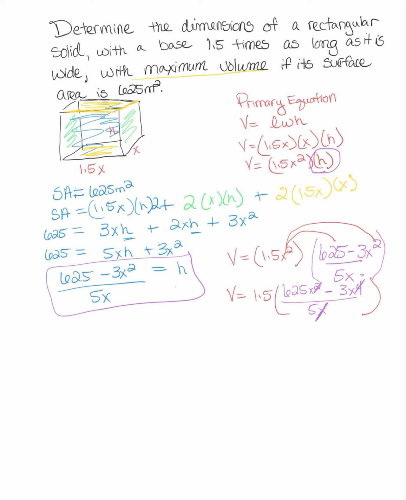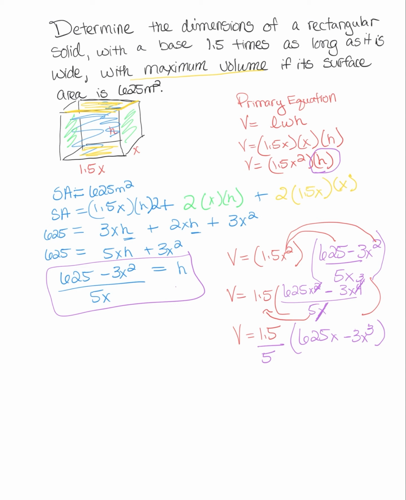And this goes down to 3 because we took an x out. So we have volume equals 1.5, now this 5 is going to come out here, times 625x minus 3x to the third.